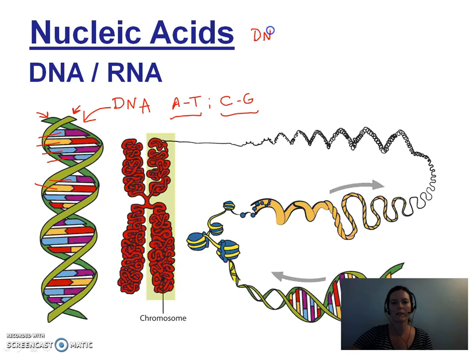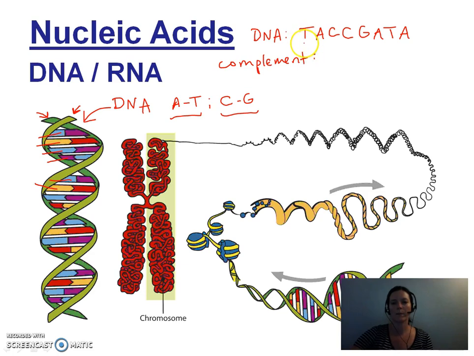So if this is DNA, and you are given one strand, let's say T, A, C, C, G, A, T, A. All right? Because DNA always has two strands, you can tell me what the complementary strand would be.